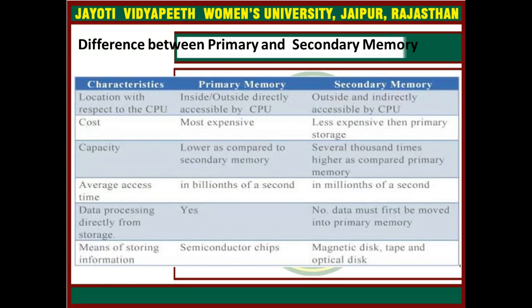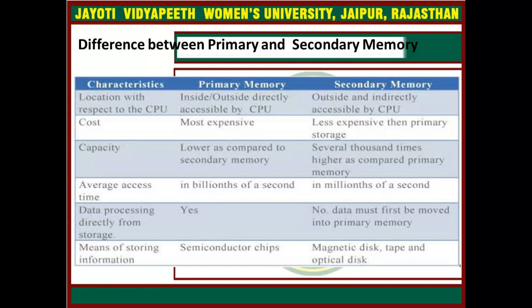Now see the difference between primary and secondary memory. As per the characteristics of location with respect to the CPU, primary memory is inside or outside and directly accessible by the CPU, whereas secondary memory is outside or indirectly accessible by the CPU. The cost of primary memory is most expensive as compared to secondary memory.